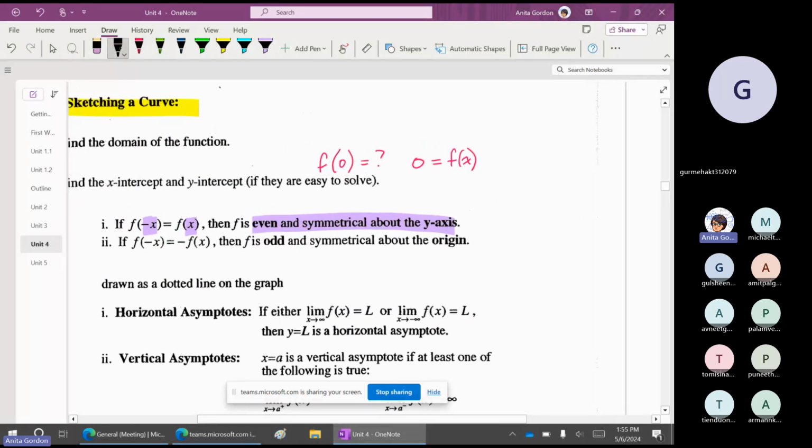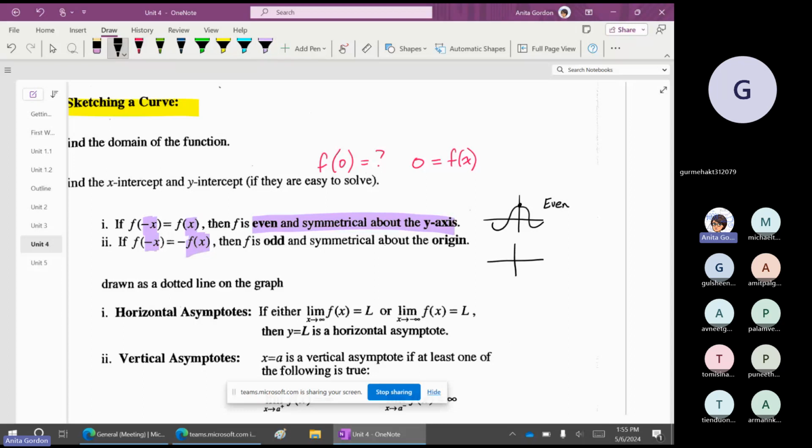So if you think of a cosine graph that starts at 1 and goes down and to the right, and down and to the left, this is an even function because it's like a mirror image about the y-axis. Now if you put in a negative x and what you get is the negative y, the opposite value of what you had with a positive number, we call this an odd function.